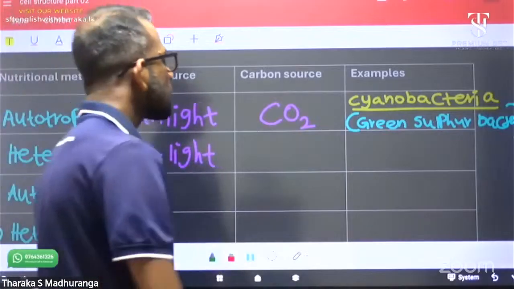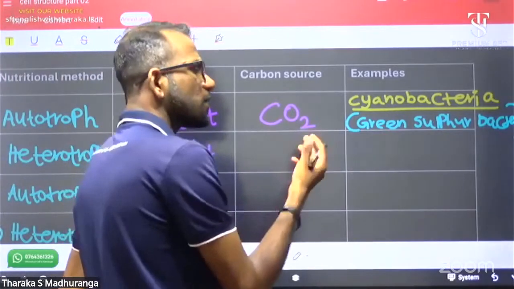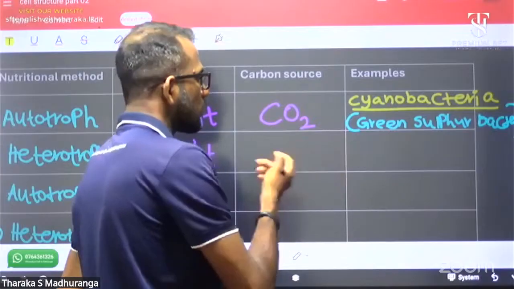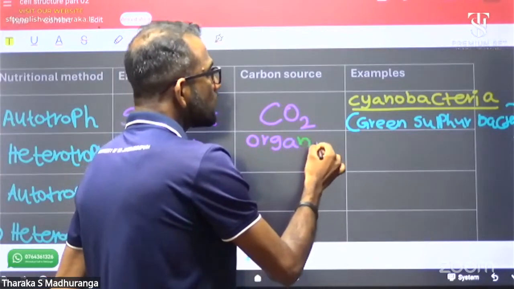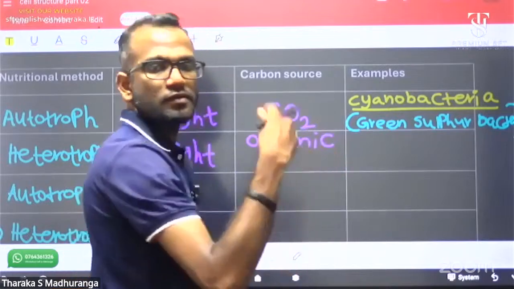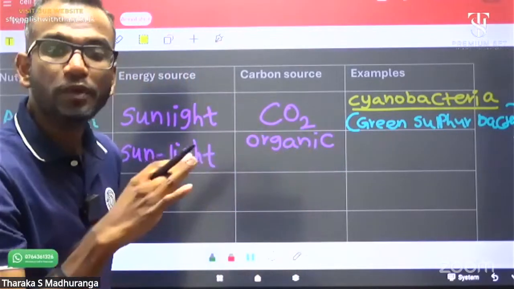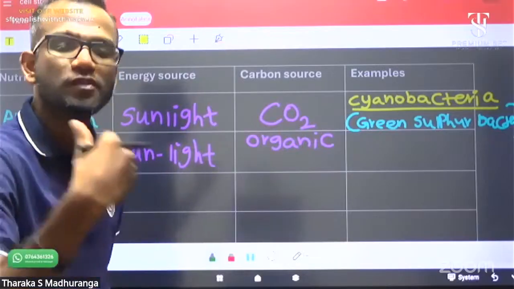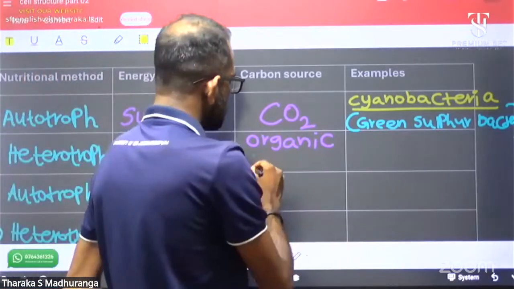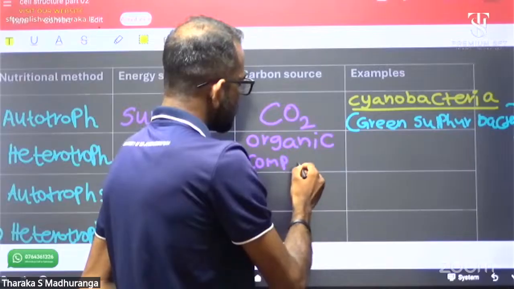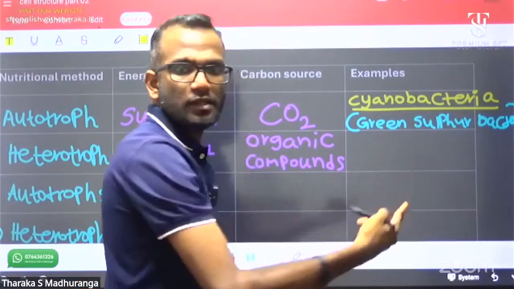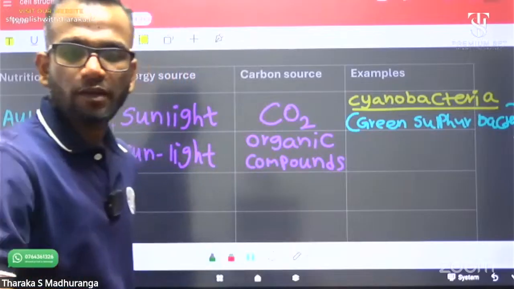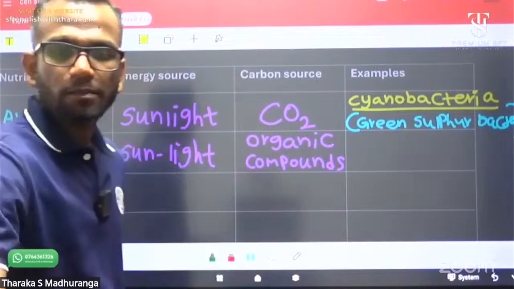Very good. Organic compounds. Organic compounds mean organic matter. They depend on another substance; they're not doing photosynthesis, they're not producing foods. Organic compounds. What are the examples?